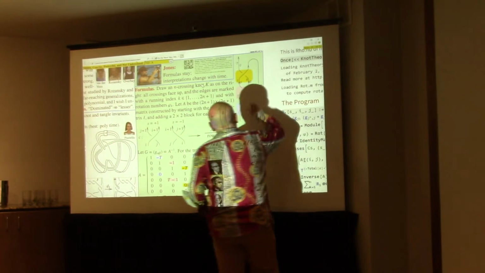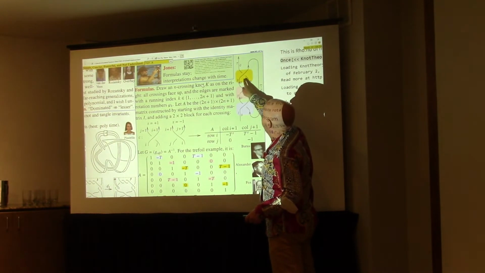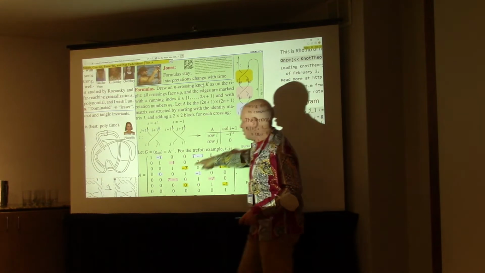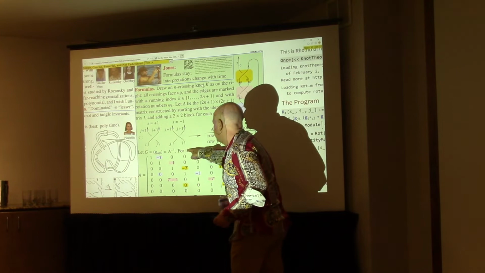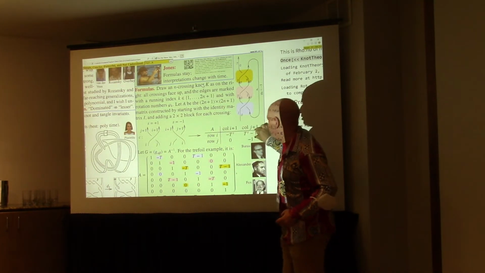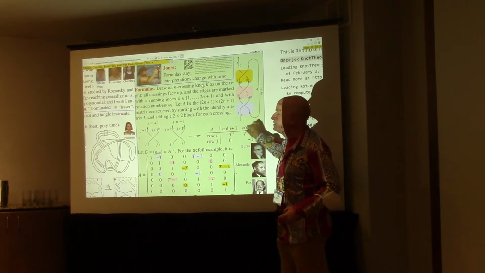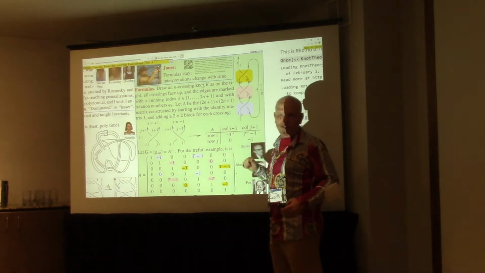Then for each crossing, for example the yellow crossing, where i is 3 and j is 6, in row 3 and row 6 and column 4 and column 7, I will be adding a copy of the matrix written here with the sign s equal to 1, because this is the positive trefoil, so it's a positive crossing.